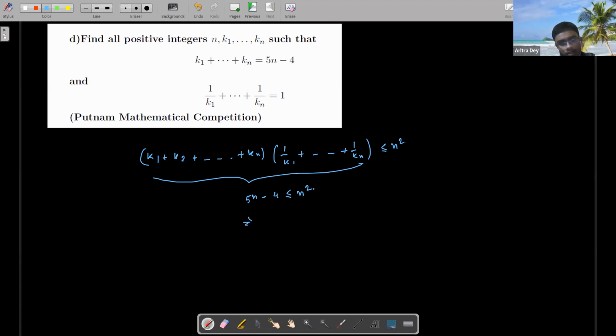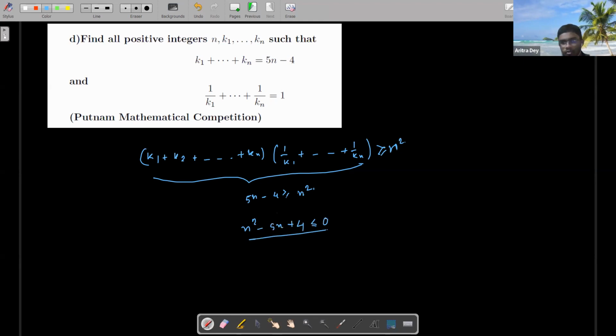So that means n square minus 5n plus 4 is less than or equal to 0, exactly.